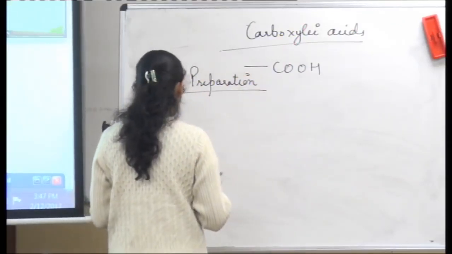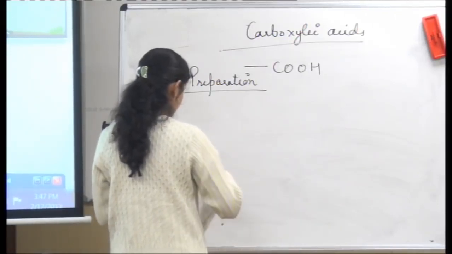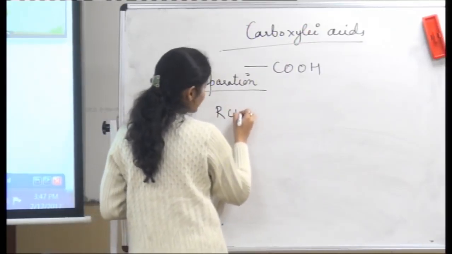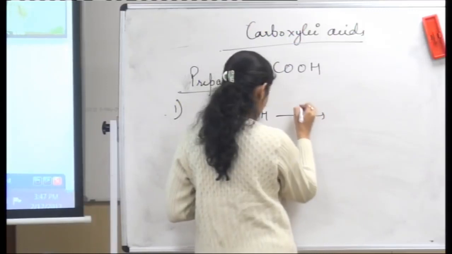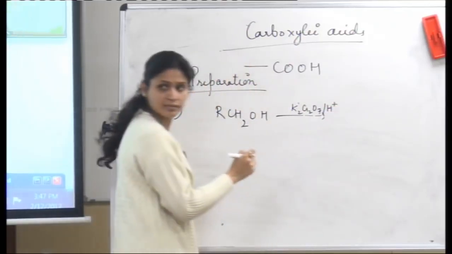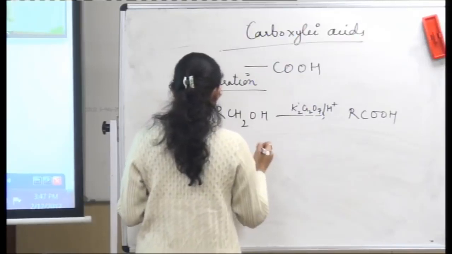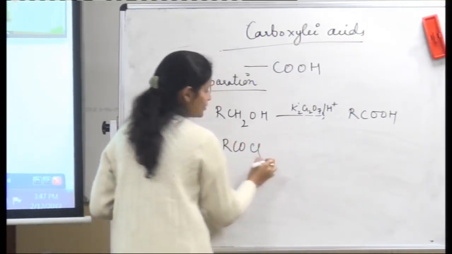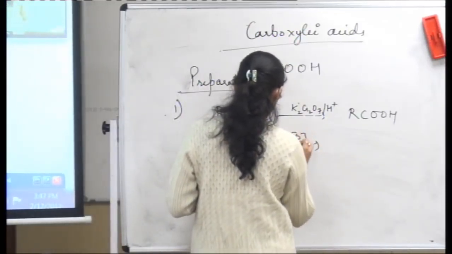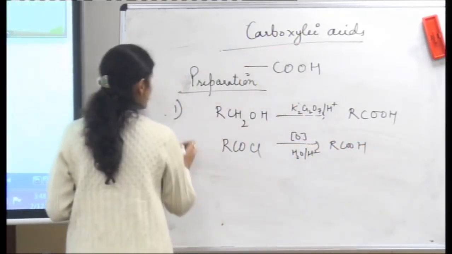What is the easiest mode of preparation? We can simply take a primary alcohol and oxidize it using acidified dichromate, right? It will result in RCOOH. Similarly, I can take an acid chloride and oxidize it and it will result in the formation of carboxylic acid.